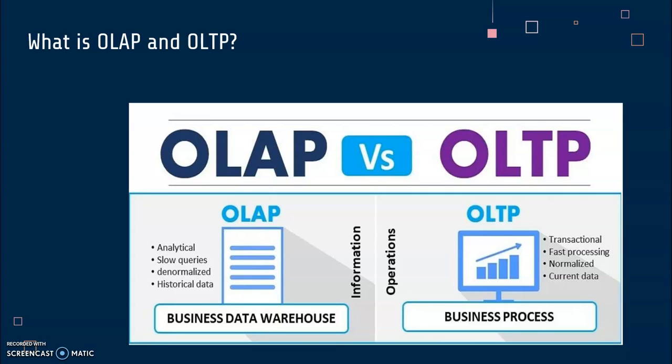Literally, OLTP is for transaction processing, and OLAP is for analytical processing. From the perspective of database operations, OLTP is meant to add, delete, and modify data, and OLAP is to query data.